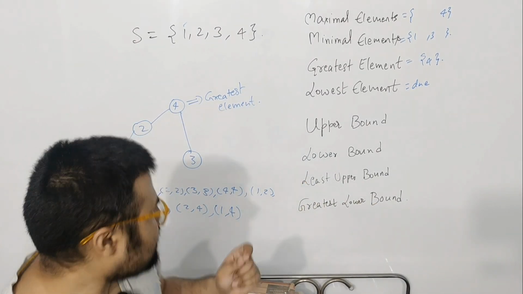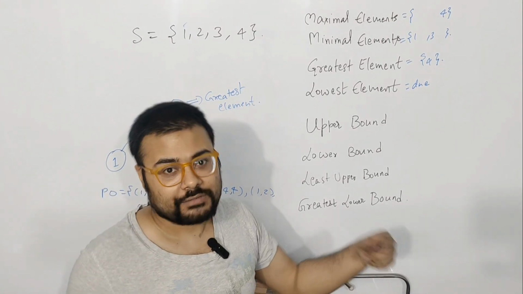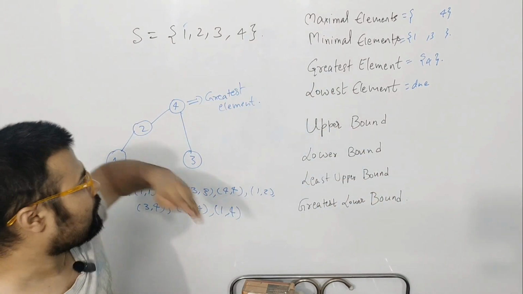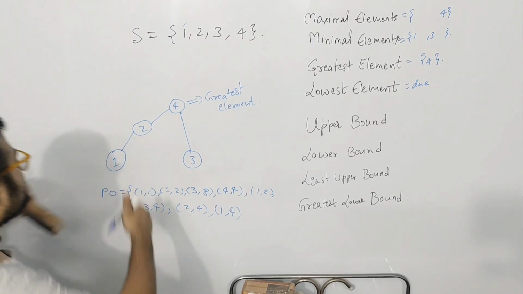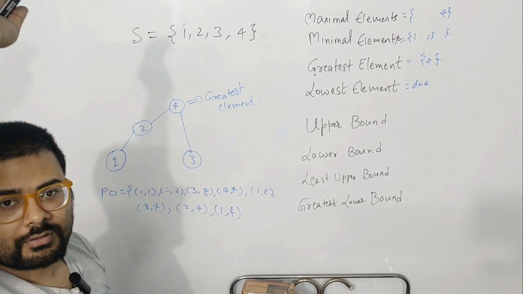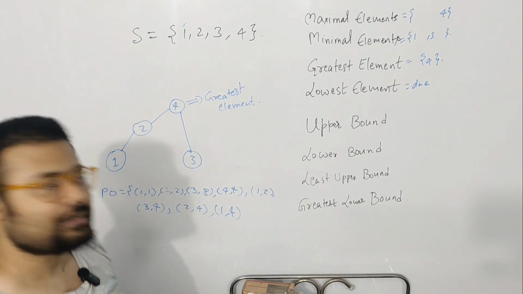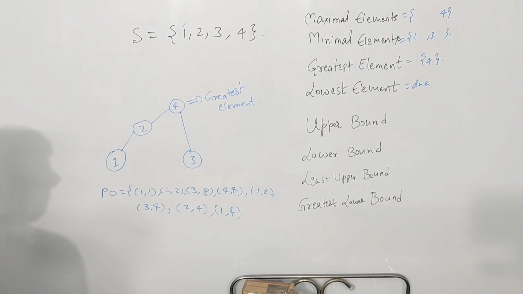In that infinite set, if you have a greatest element, then your Hasse diagram cannot go unlimited upward.